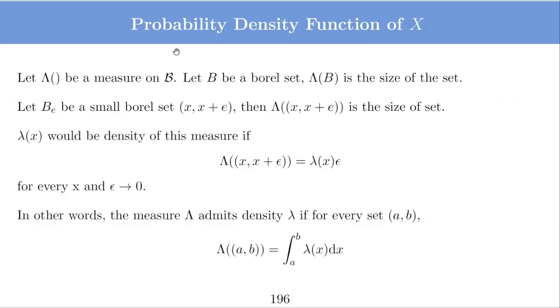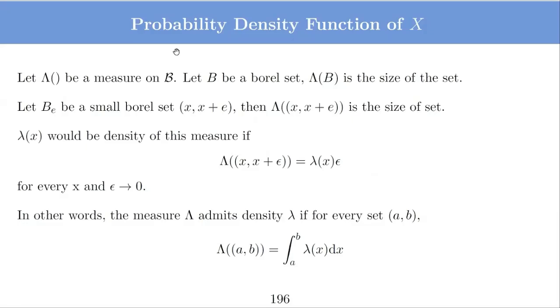If it's a small interval, then this can be obtained just by multiplying the density with the length. So in this case, the measure of the small set x to x plus epsilon should be equal to the density lambda x multiplied by the length of the set, and the length of the set is epsilon.